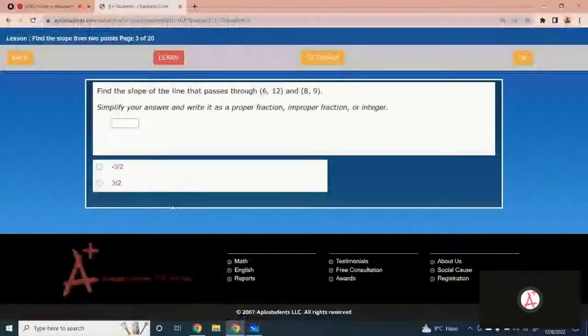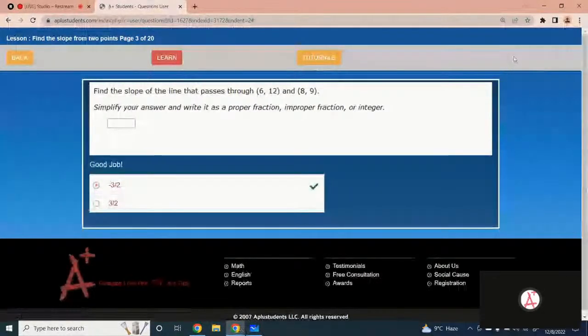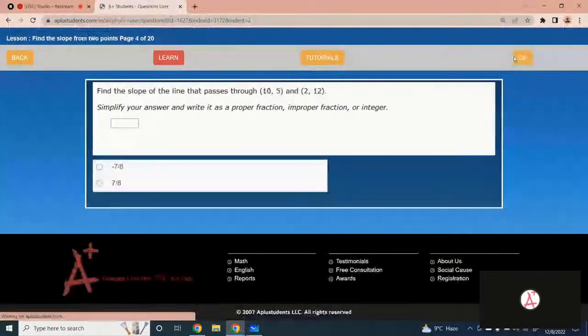So just select the correct option, then click on the OK button. Okay, find the slope of the line that passes through 10, 5, 2, 12. Got it?